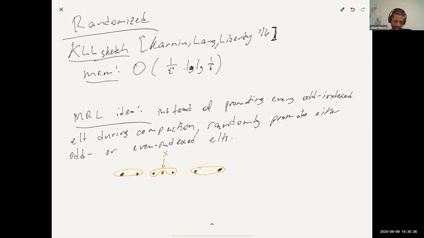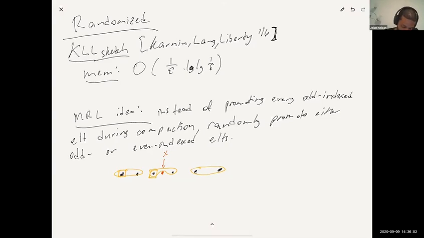Now, when I do this compaction and I query the rank of X, I'm either going to say 2 or 4, right? Let's do zero-based indexing, so the first element has index 0, which is even. If I choose to promote the even index elements, then I'm going to think that the rank of X is 4.